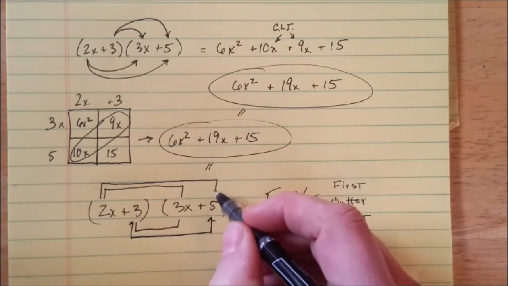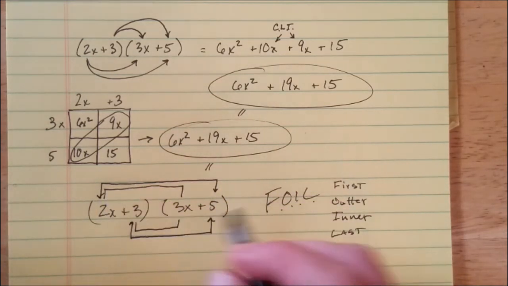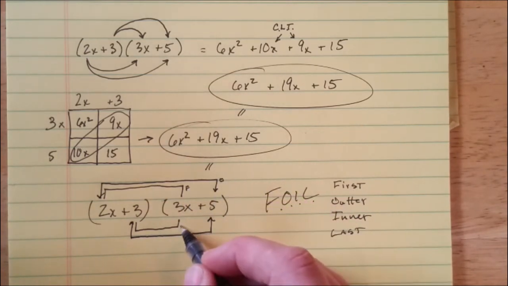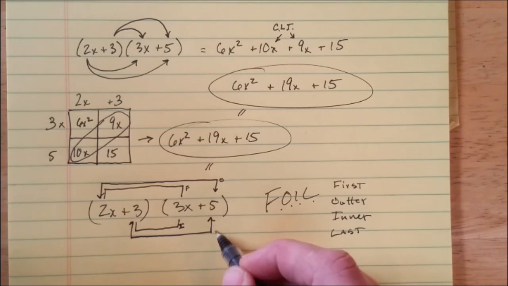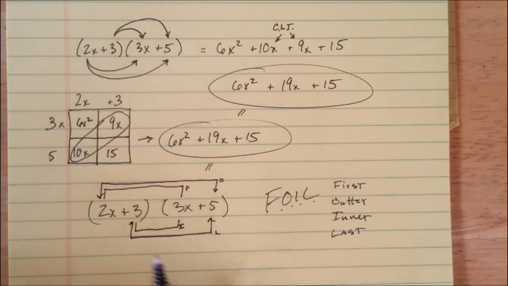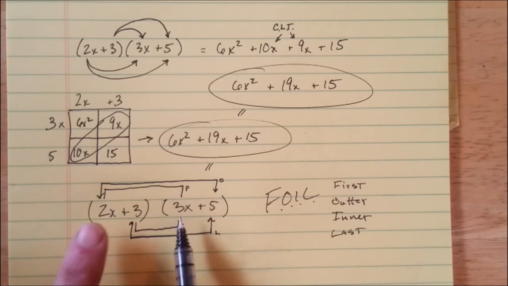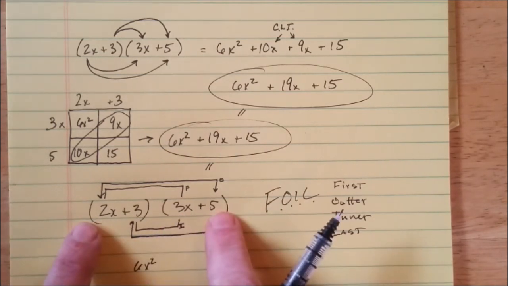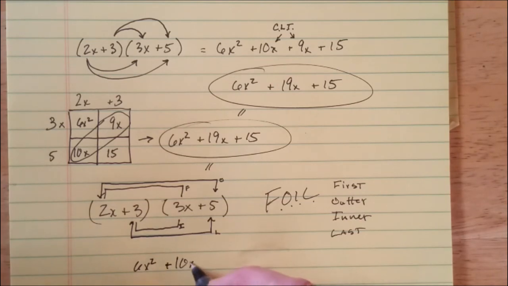Okay? So this is our first, outer, inner, and last term. It's just another way of making sure everything in here gets multiplied to everything out there. We should get the same answer again. First, 6x squared. Outer, 10x.